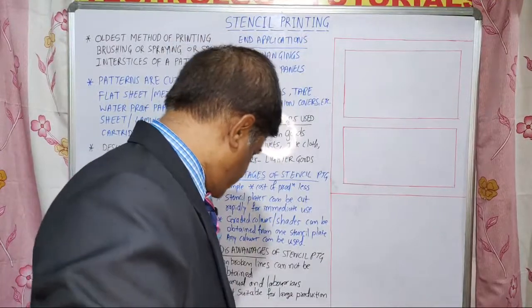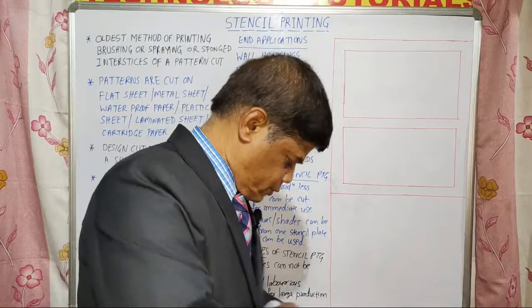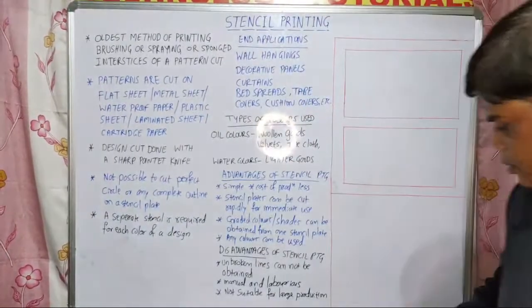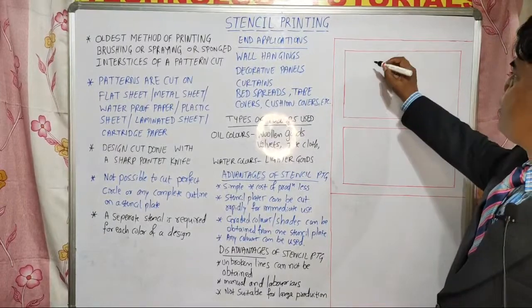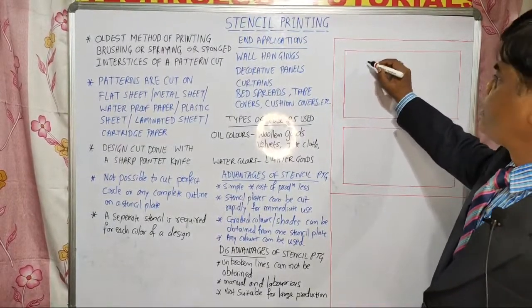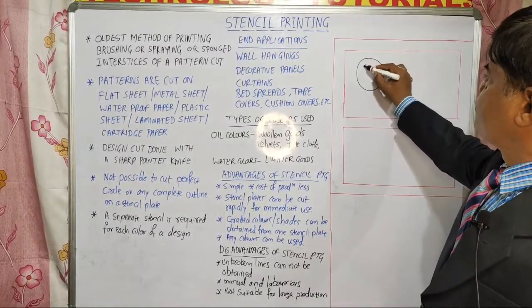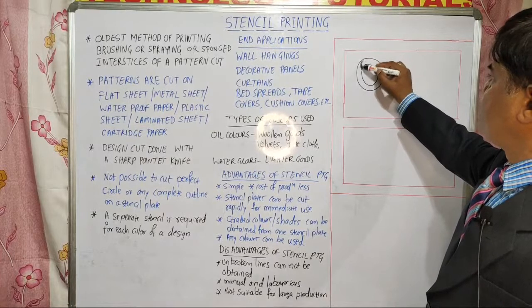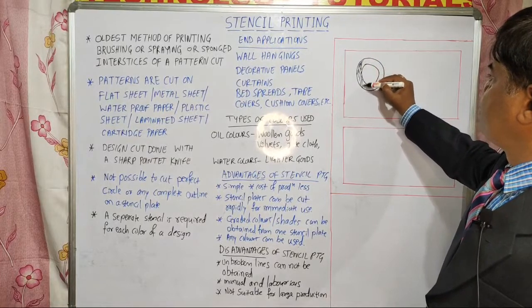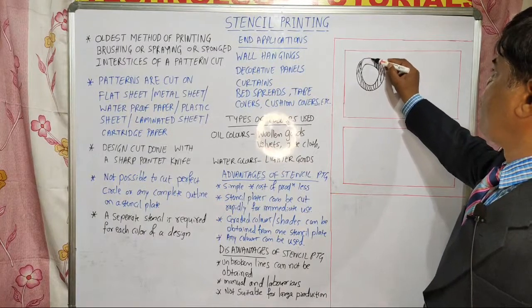One design I am going to explain to you. Here O is there. I would like to print this ring, or you say O, on the fabric in black color.